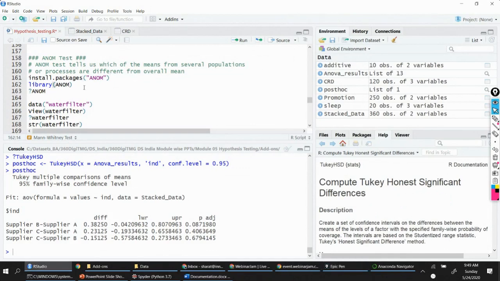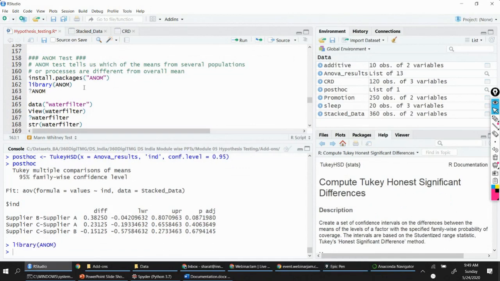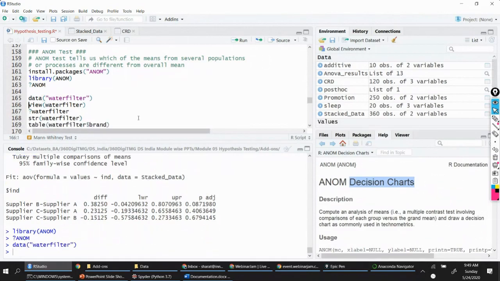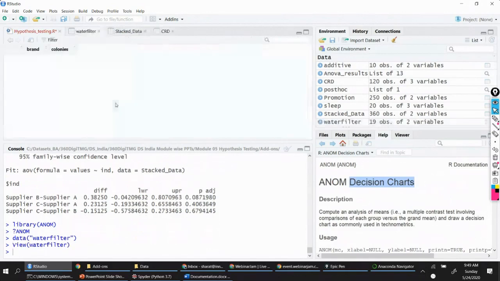So in order to do the ANOM test, we need the package called ANOM. To see the help on ANOM, use the question mark. The ANOM decision charts give you the visualization charts. So I'm taking the water filter dataset. The water filter data consists of brands.